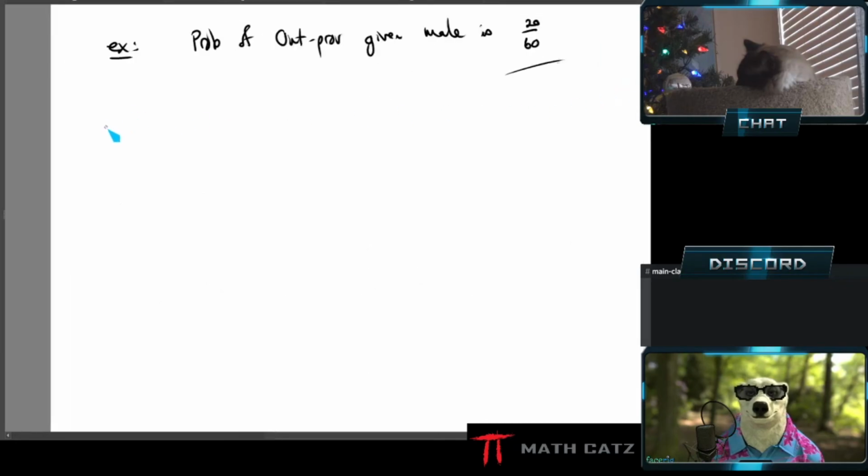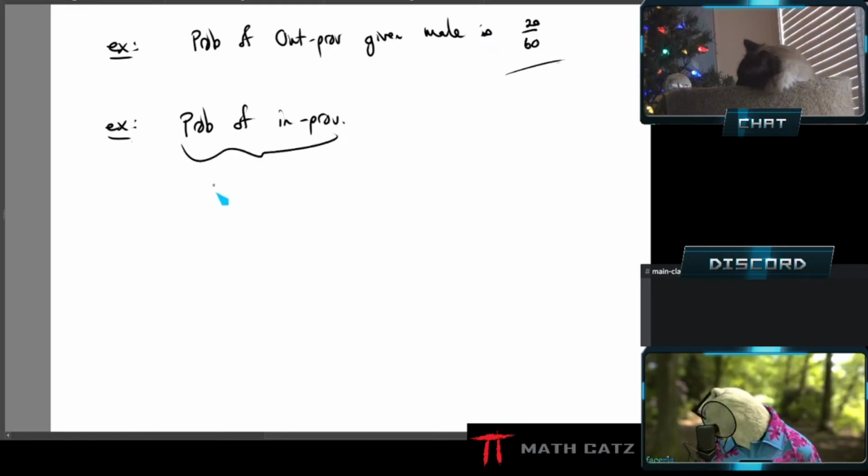But sometimes it's not going to be right there. The next one in terms of difficulty could be the probability of, let's say, in province. And that's it. So now I have to ask myself, what kind of probability is this? It's a conventional probability, right? There's nothing given. I can write this as the probability of I. You don't have to if you don't want to.